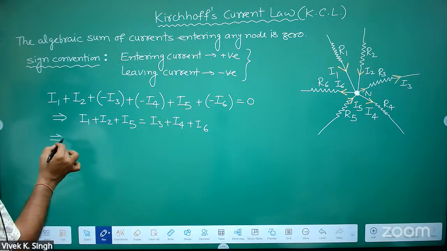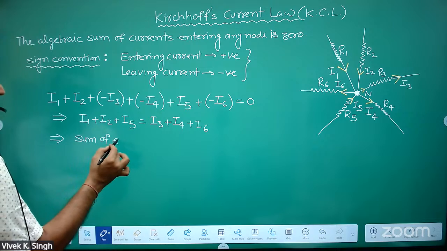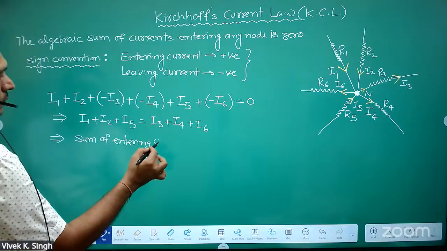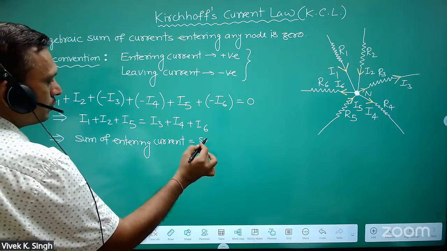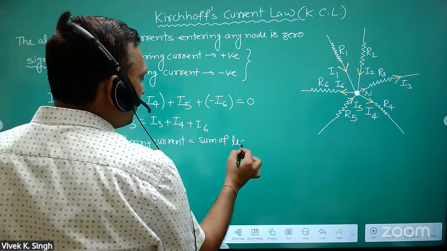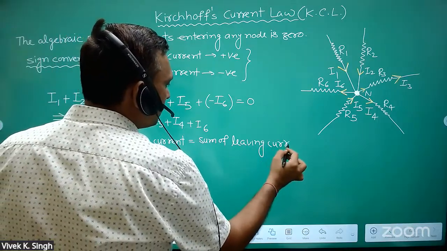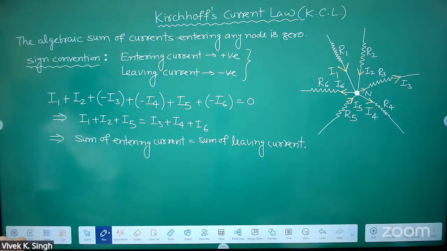So this will be sum of entering current is equal to sum of leaving current. Sum of entering current and sum of leaving current.